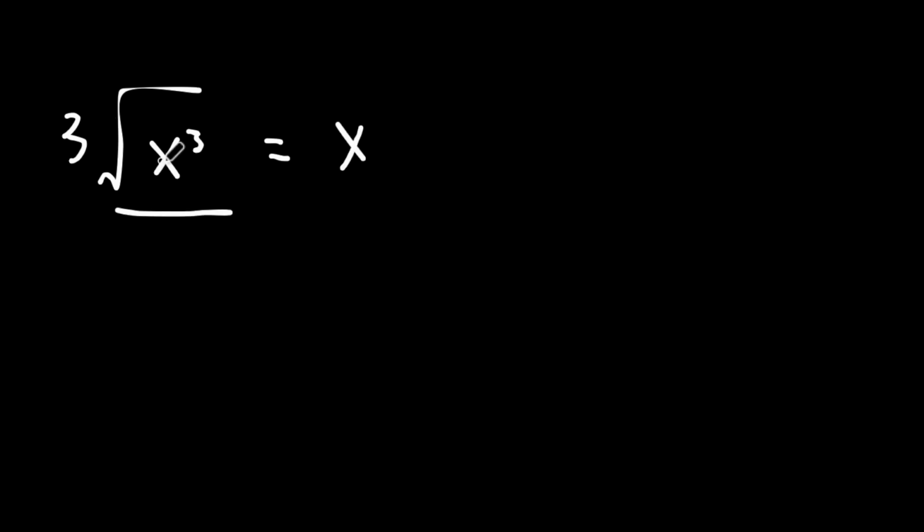So if you have this, then the answer is x, because x multiplied by itself 3 times will give you x cubed. Therefore, cube root of x cubed gives you x.